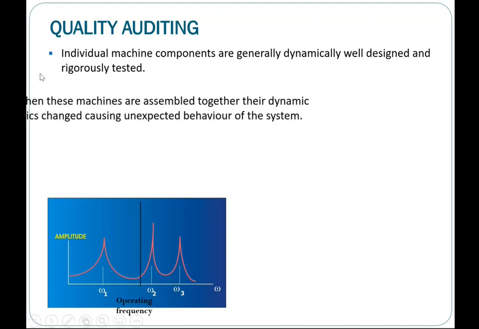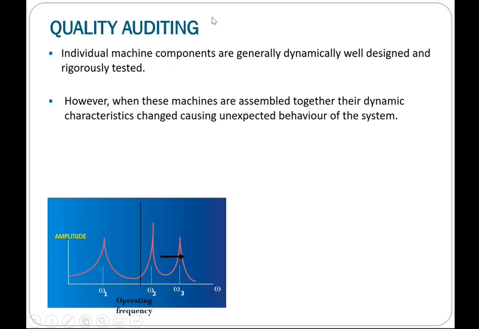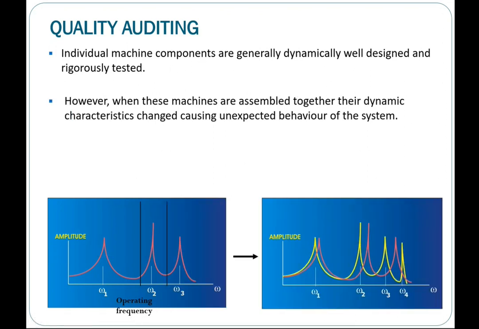Individual components, like a motor manufacturer, when designing that motor, will perform dynamic analysis, no issue. They will ensure the motor has no dynamic design issue, meaning no resonance issue. If your motor is running at 50 hertz, the manufacturer will ensure that the motor will not have a natural frequency at 50 hertz.